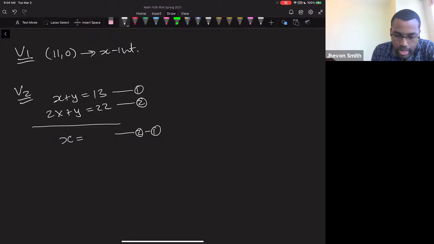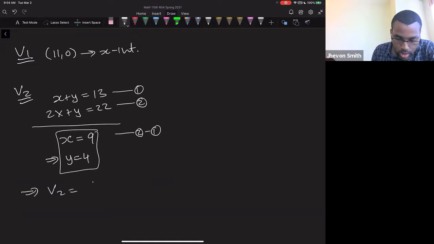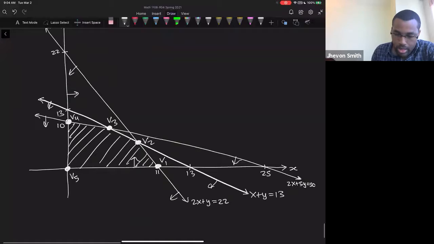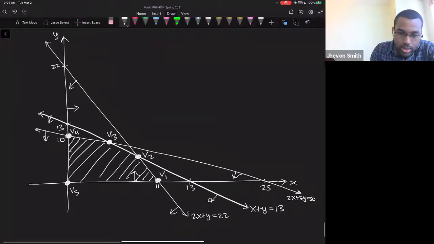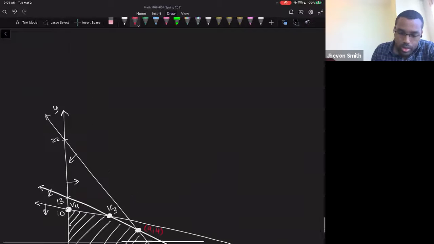This would leave me with x equals 22 minus 13. What is that? 9? Which means that y equals 4. So this means that V2 is 9, 4. So I can go and I can plug that in here. 9, 4. Okay.